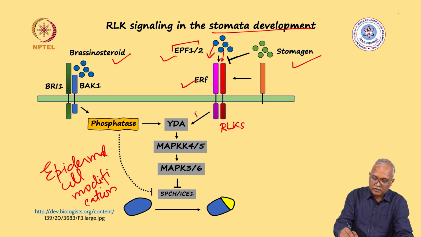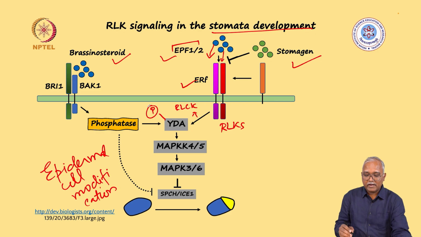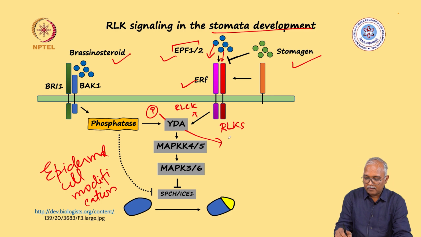So in this step you can have an RLK kind of molecule which eventually will phosphorylate this molecule, and YDA is actually your MAP3K, which is the first molecule to be activated in the MAP3 kinase pathway.